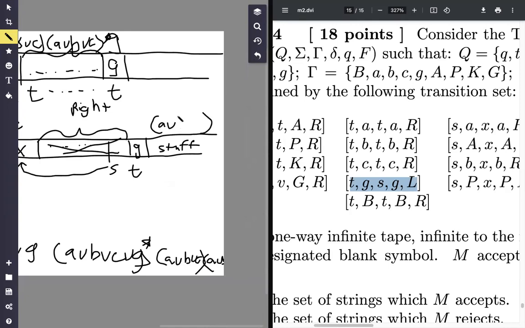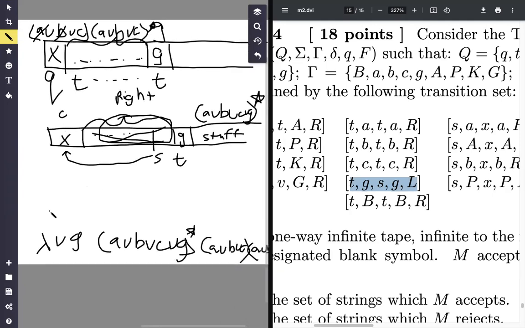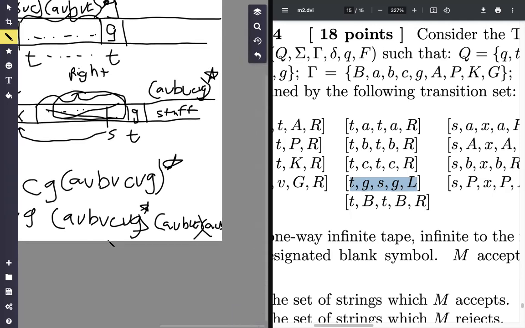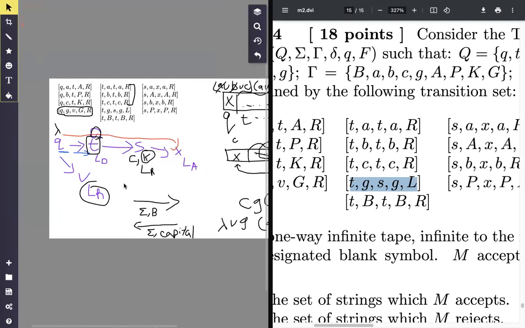So this is A or B or C or G star. This star that was in the middle, we got rid of. It was as if the star was equal to 0. And so the other part to this is CG, A or B or C or G star. And that is our complete answer. Let me move everything.